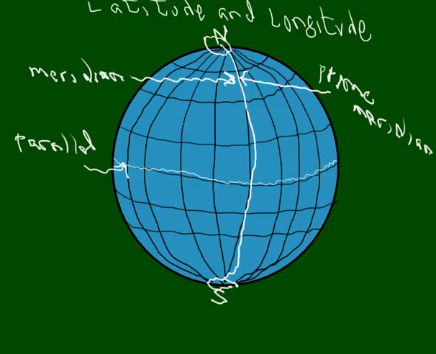The prime meridian runs through, I guess it's about right here, a place called Greenwich, England.